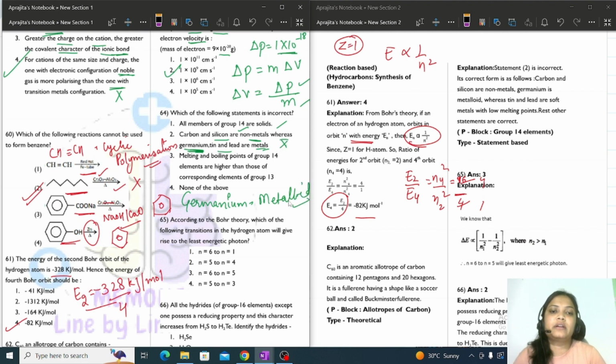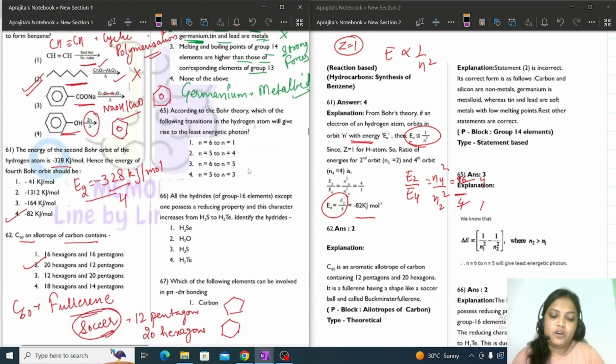So this is not a correct statement. Melting points of group 14 are higher than the corresponding elements of group 13 because of strong binding forces. This is also true. So the incorrect statement is the second one. The answer is option 2.